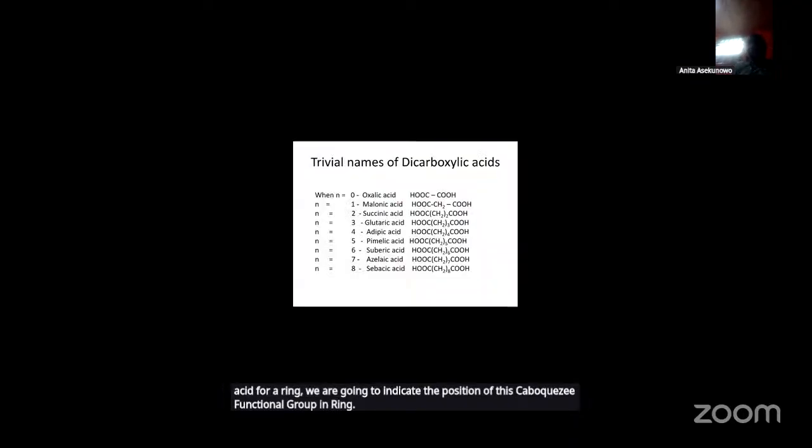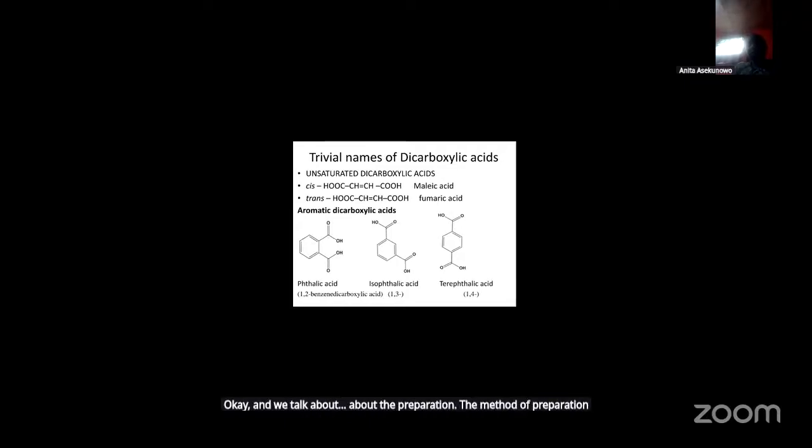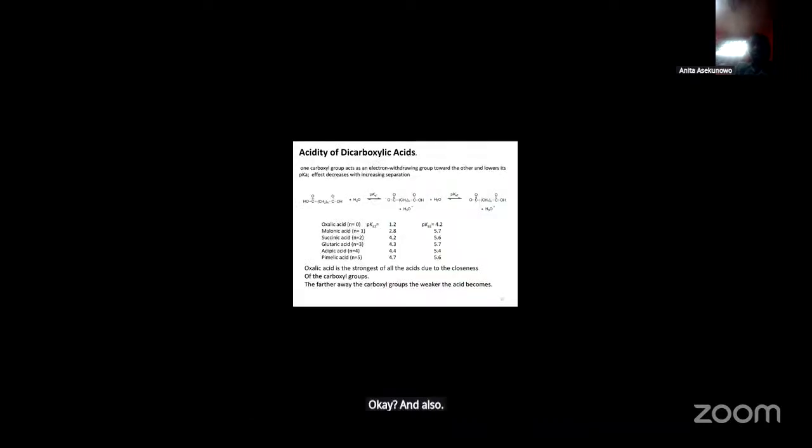And we talked about preparation. The method of preparation that we talked about today is using oxidation. We also talked about the effect of methylene on the acidity of dicarboxylic acids: the more methylene groups, the weaker the acid.